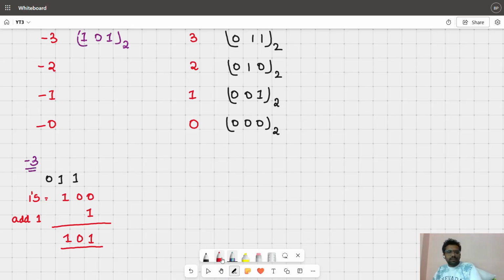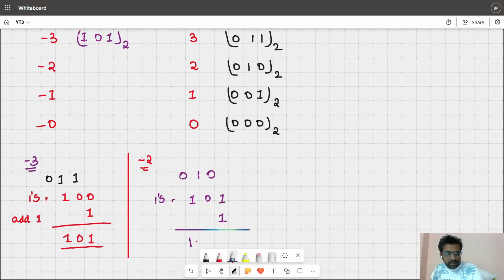Now let us find it out for the value minus 2. The 2 can be represented as 0, 1, 0. The ones complement equivalent will be 1, 0, 1. When I add 1 to that, it will become 1, 1, 0.